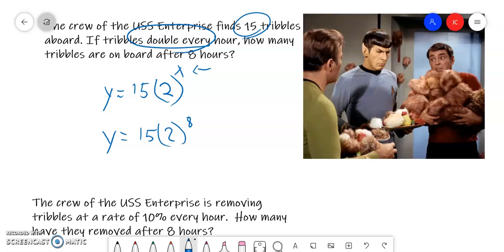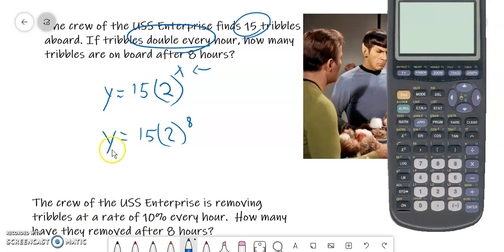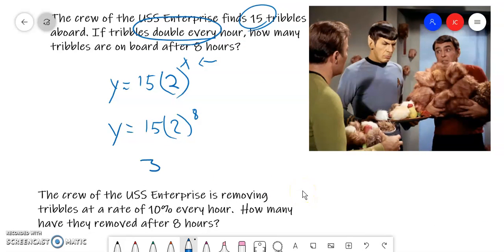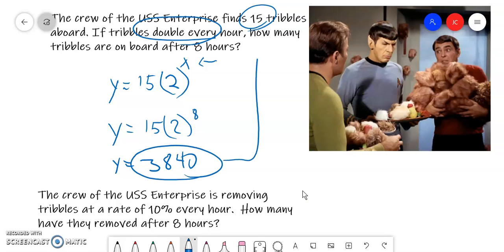Then we get out our calculator and solve this. 2 to the 8th power is 256 times 15. And so there would be 3,840 tribbles on board after 8 hours. That's quite a remarkable growth since we only started with 15.